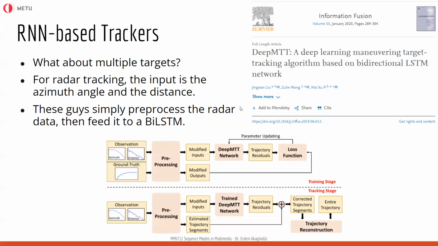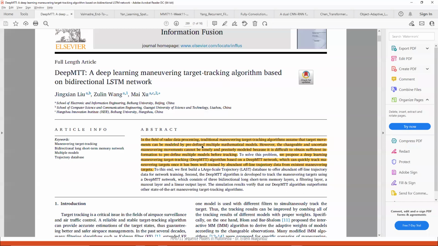What this guy says is, traditionally, this was done using mathematical models. I don't know if you've ever worked on target tracking for radars or target tracking for IRST, infrared search and track systems. These are usually handled traditionally by PDA algorithms, probabilistic data association algorithms, and joint PDA algorithms.